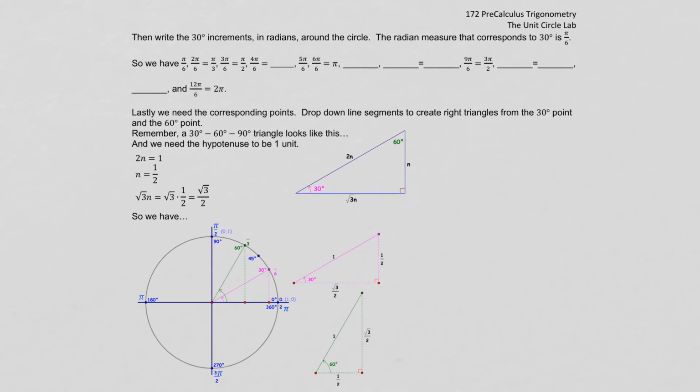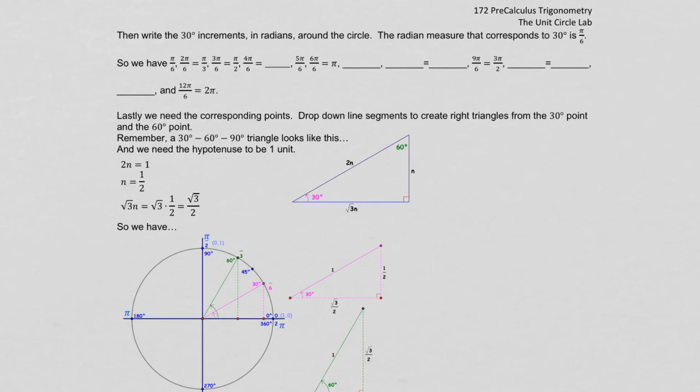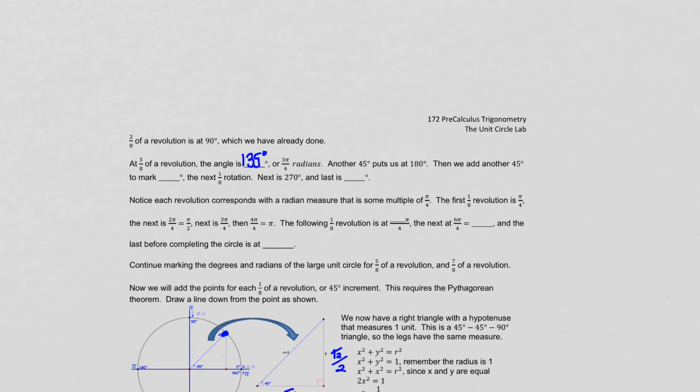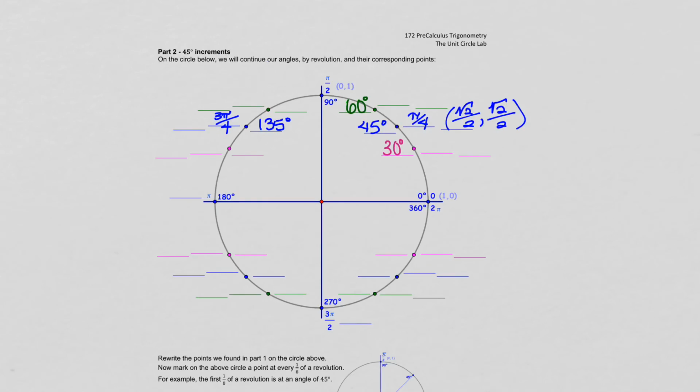And then we want to do the same thing in radians. So we have pi over 6 radians first. So looking at our picture, the first one, we start with 0, and then every 30 degrees is pi over 6 radians. So here you'd have pi over 6.